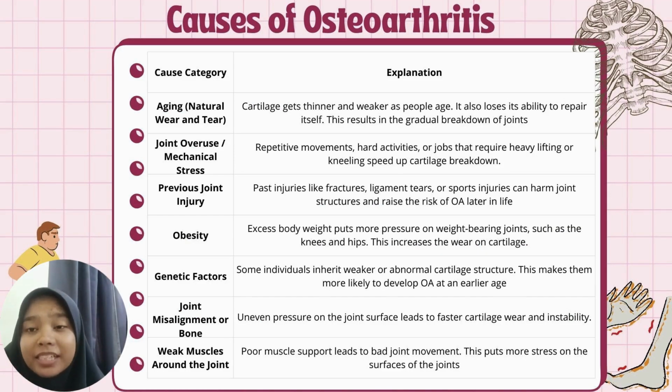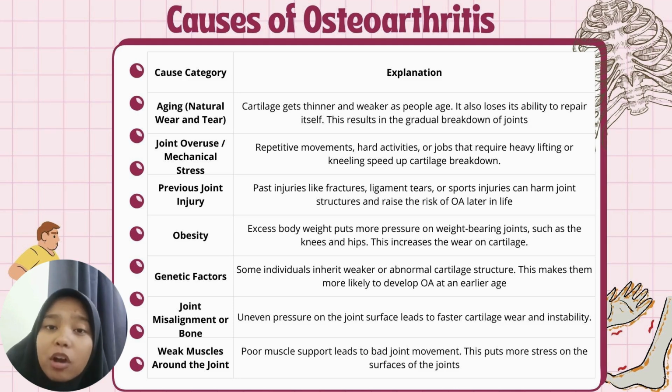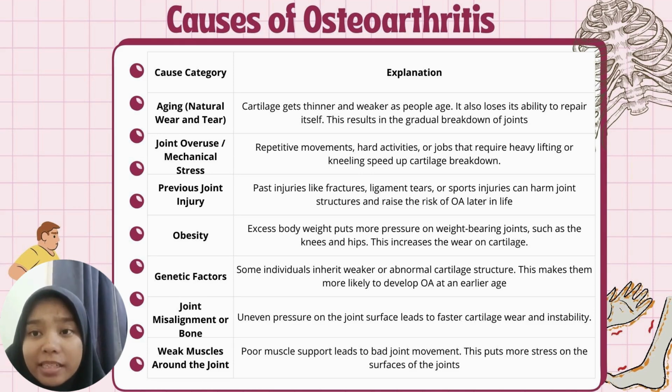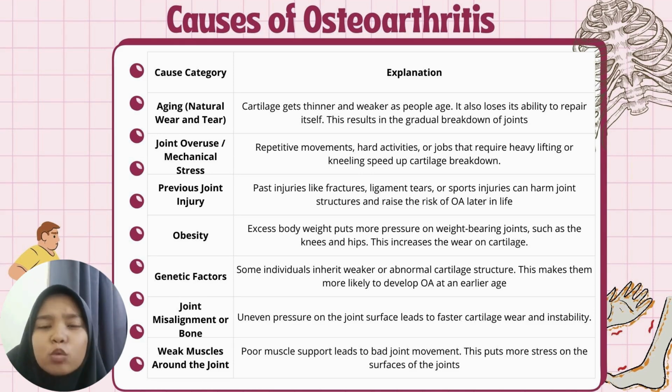The primary factors that cause this breakdown include aging, where cartilage loses its repair ability, and past joint injuries from sport or accident. It is also caused by repetitive stress, or constant pressure on a joint during work or hobbies, as well as obesity which adds significant mechanical stress to weight-bearing joints.